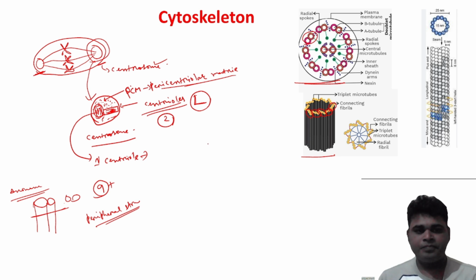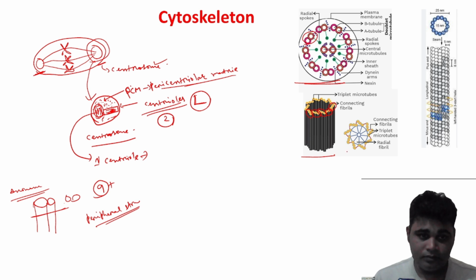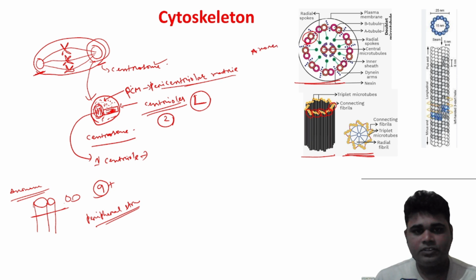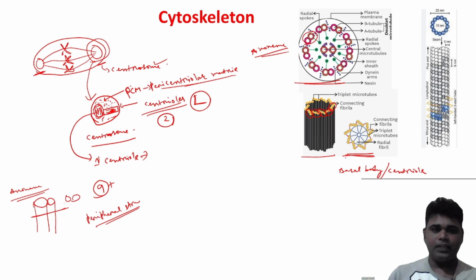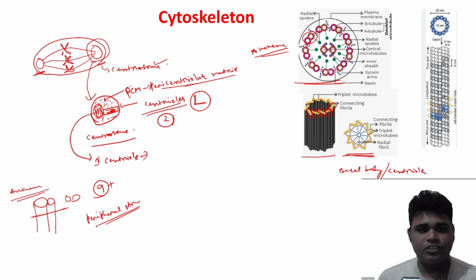Now the basal body looks like this. This is the axoneme structure, and this is the basal body, which is similar to the centriole. In the basal body or centriole, the same structure is present, but what is the difference from the axoneme?